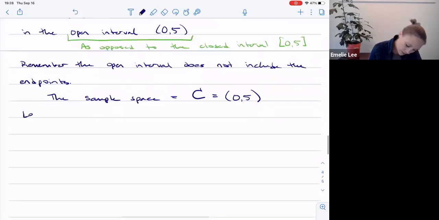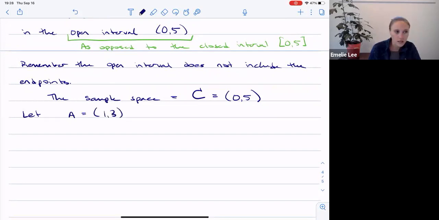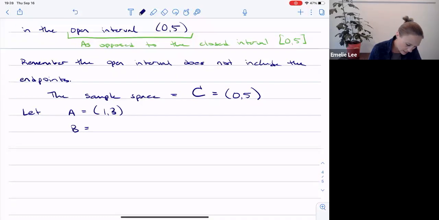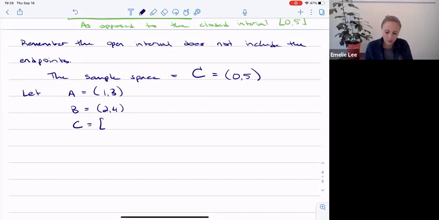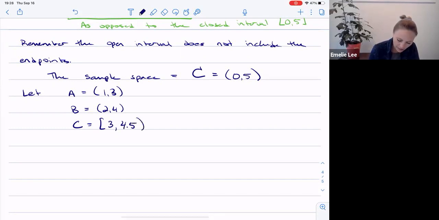What we're going to do is I'm going to let A be the open interval from 1 to 3. B can be the open interval from 2 to 4. And C is the half-closed, half-open interval, so it's closed on 3 but open on 4.5.